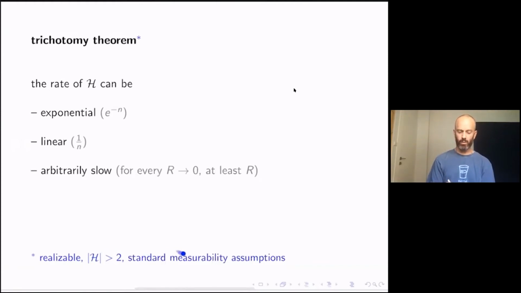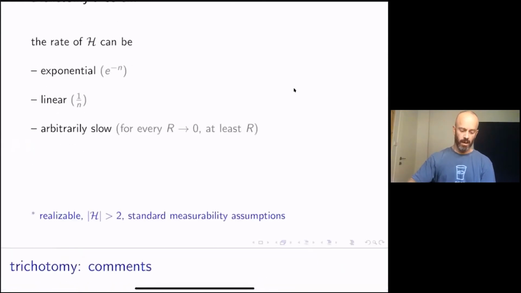And third, there is some measurability assumption on this class. I will talk about this measurability a bit later. But this is a very standard assumption. There is nothing strange in the way we define it. So this is the trichotomy theorem. And now I want to explain one part of this and discuss some ideas in the proof.